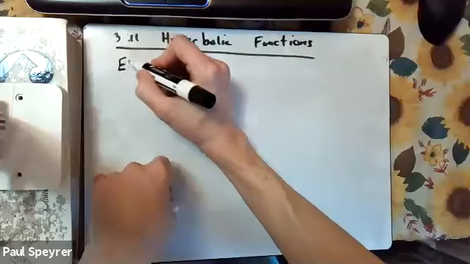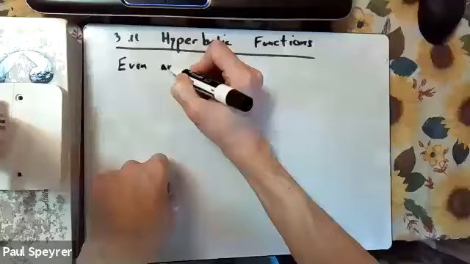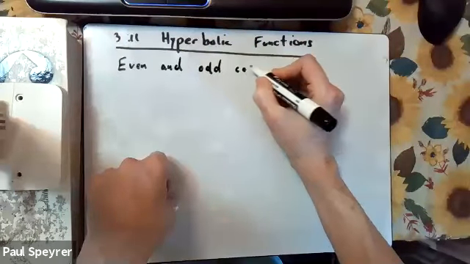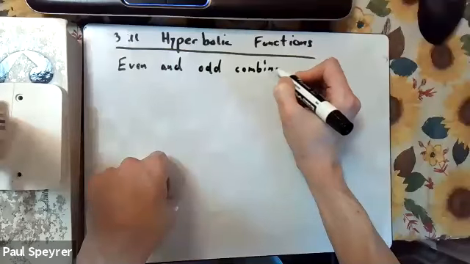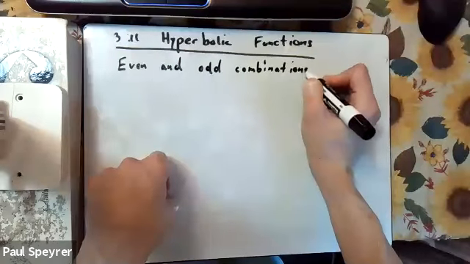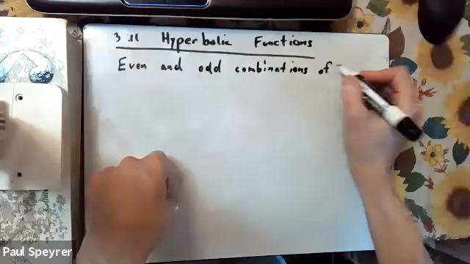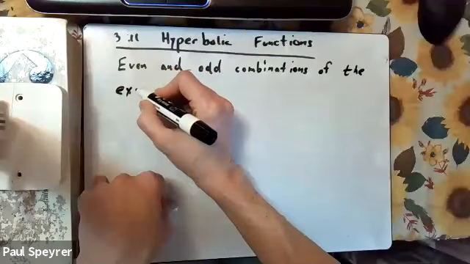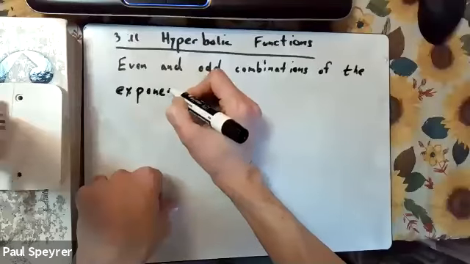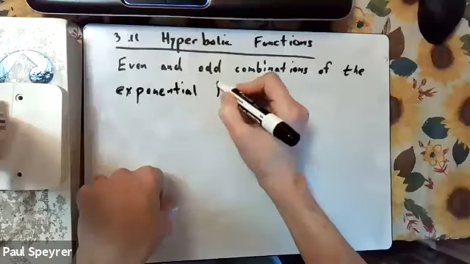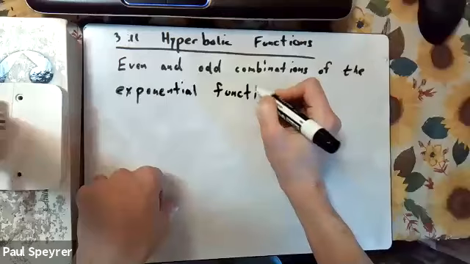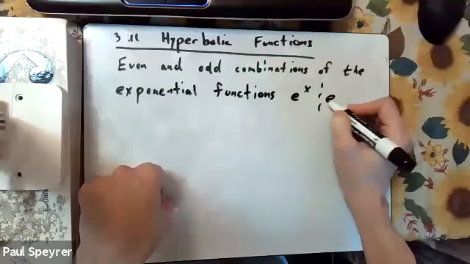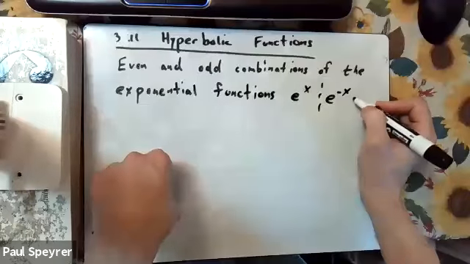It's just even and odd combinations of the exponential functions e to the x and e to the negative x.